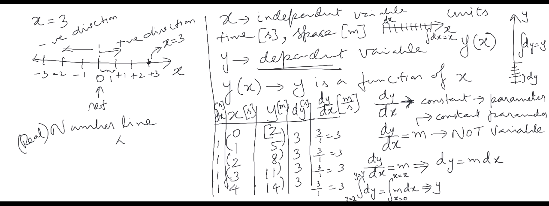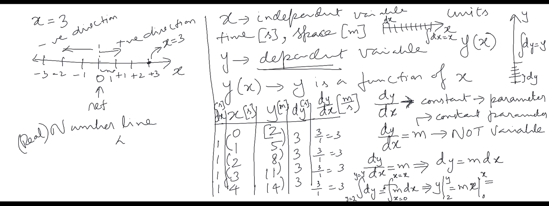When you complete it, it will become y, with a limit from 2 to y, and m is a constant, right? Yes. m can be taken outside the integral. So that will be m, and dx integration is x, and the limit is 0 to x. Is it all okay? Yes.